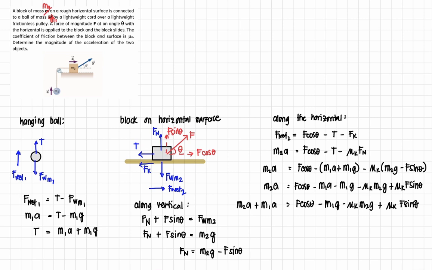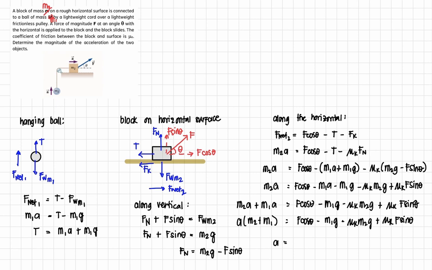So we can factor out a here: (m2 plus m1) times a.